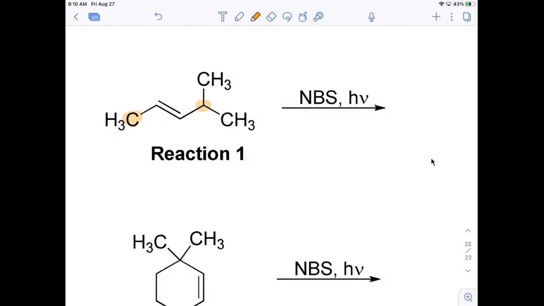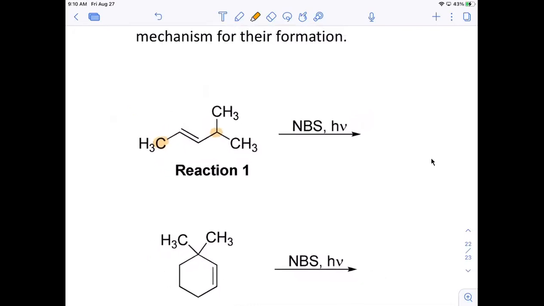We know we're going to make at least 2 radicals in propagation, because we have 2 allylic sites. 4 products. That's exactly right. We'll have 4 total products. With this reaction, we're also going to talk about product formation, like which one forms the fastest and which one is the most stable.